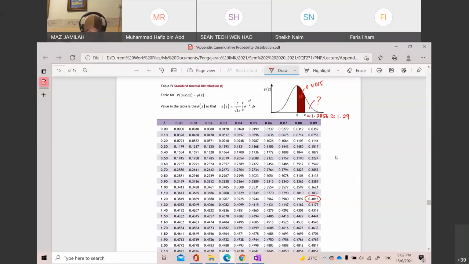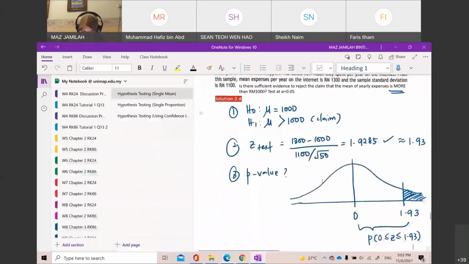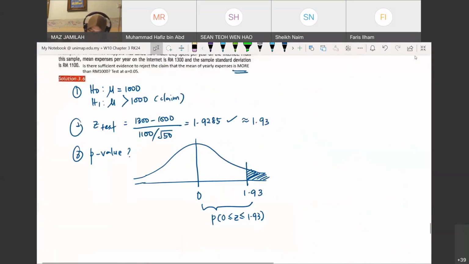So let us look at our back table, 1.93. You get 0.4732. So what is my p-value here? The p-value is equal to 0.5 minus 0.4732.